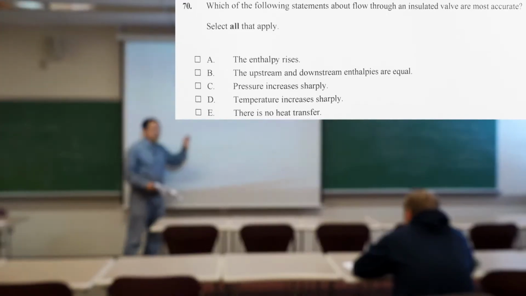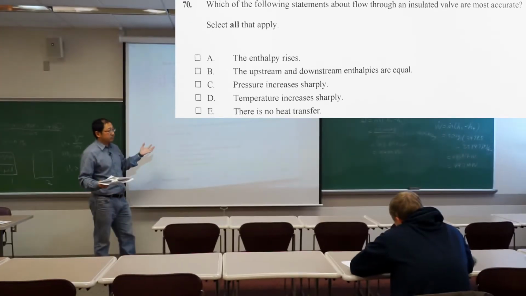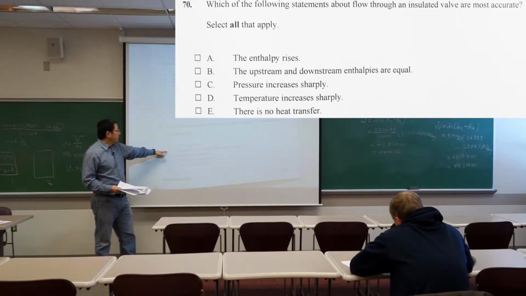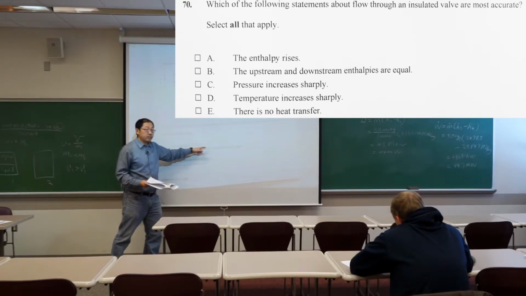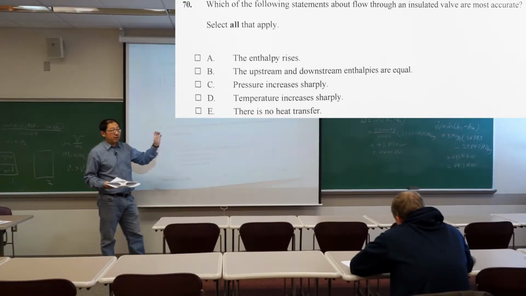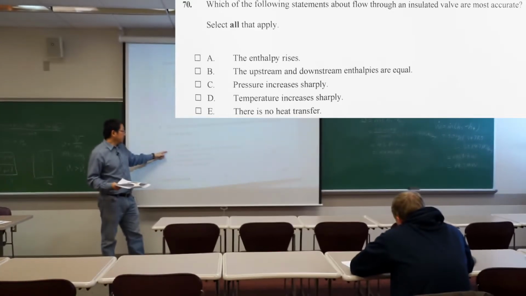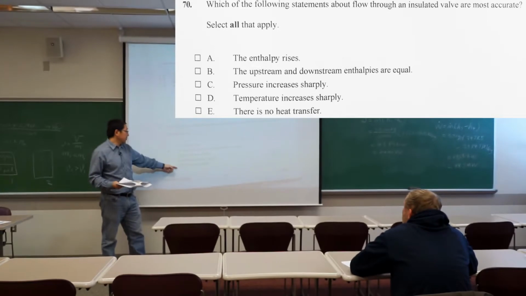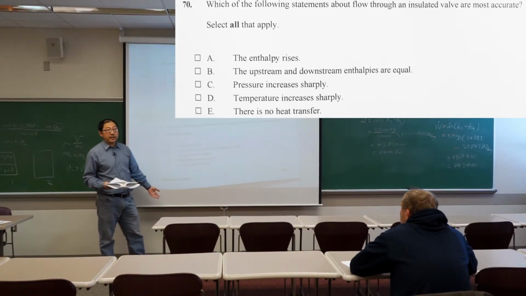That's the meaning of insulated, which means it's adiabatic, no heat transfer. So which one is true? B. Enthalpy, because this is just a throttling valve problem, enthalpy remains constant. So B is true. And then E, because it's insulated, there's no heat transfer. B and E. Any question for this one?